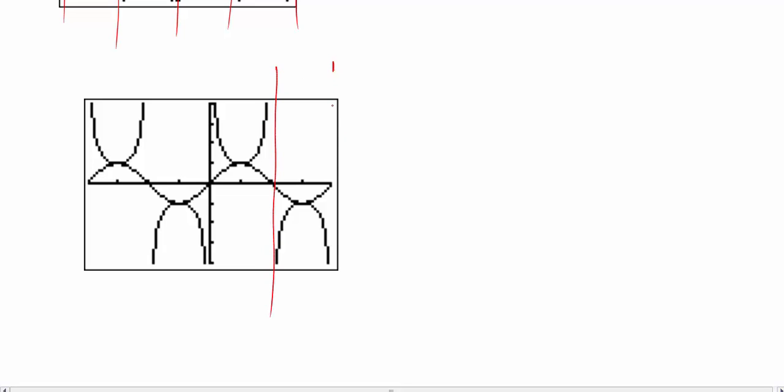If we have a vertical asymptote at these points that we talked about before, notice what's happening to the sine function at these points. If we look at the graph here, this is the graph of our sine function. So notice the y equals sine x.